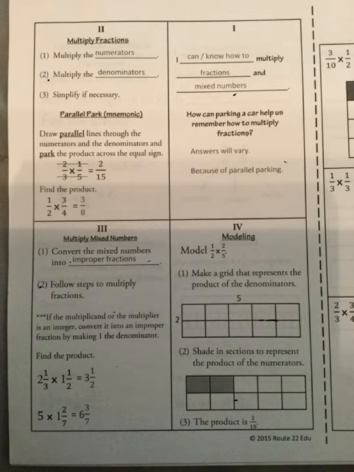So that would be 2 here times the 5 here. So I got that from my denominators 2 and 5. Okay, now it says to shade in the sections to represent the product of the numerators. So the product is 2/10, so we shaded in these 2 sections out of the 10 that are there.